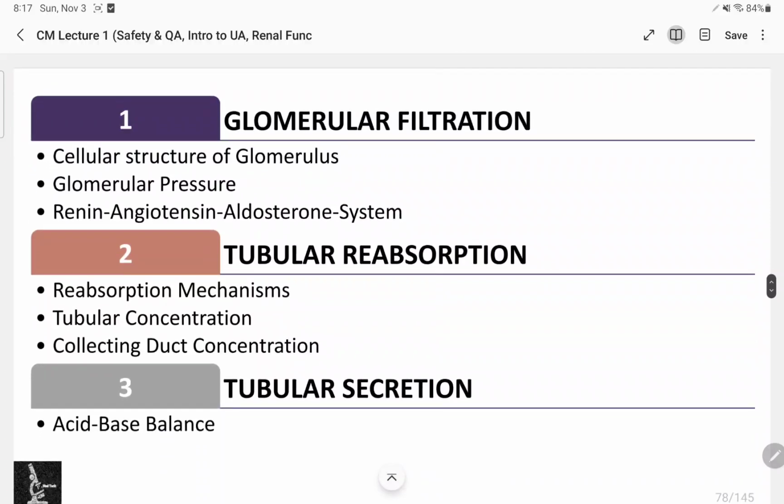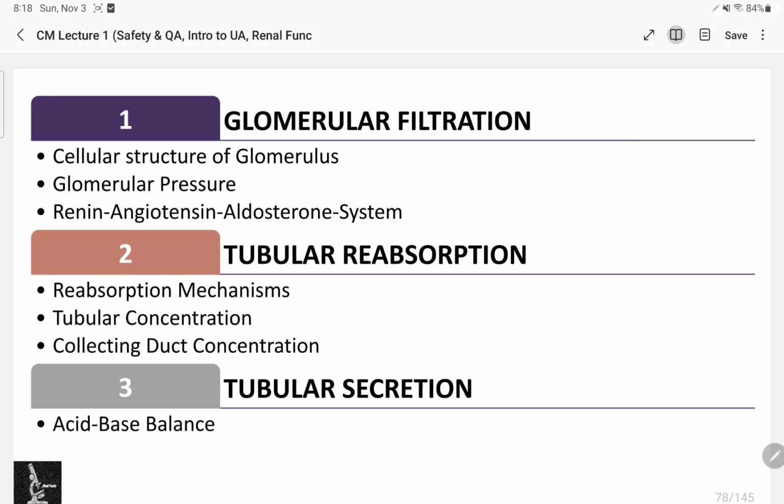Okay, so our topic, of course, will revolve around glomerular filtration. So for glomerular filtration, a function of your kidney, of course we have to study the cellular structure of the glomerulus, the filtering parts of your nephron, the pressure on the glomerulus, and your RAA system.